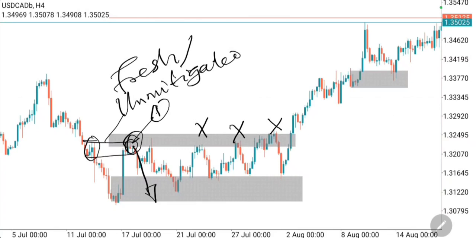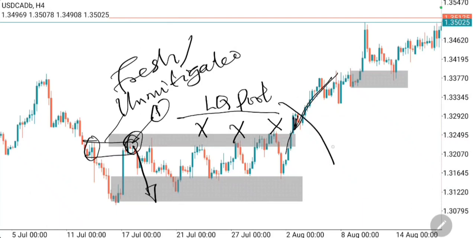Okay, I will not, because you can see eventually this will form a liquidity pool, a pool of stop losses whereby the institutions are trying to take out. All right, and here it was raided. This was a liquidity sweep. Okay, the liquidity was swept right there.